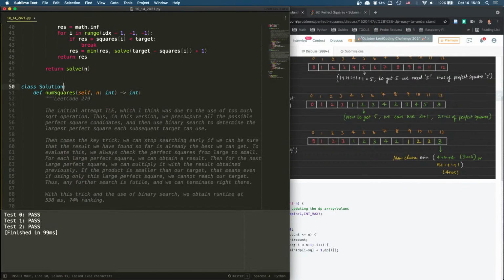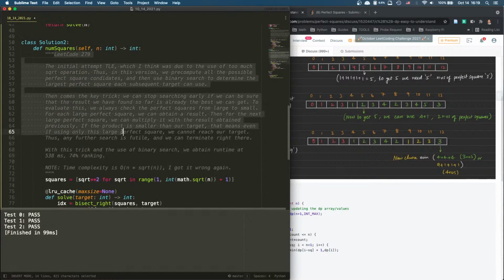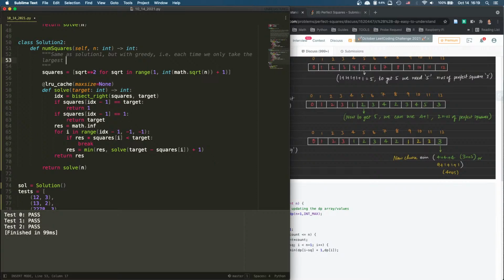Right? So solution 2 is the same as solution 1, but with greedy. That is, at each time we only take the largest perfect square that we can take at the moment, right?